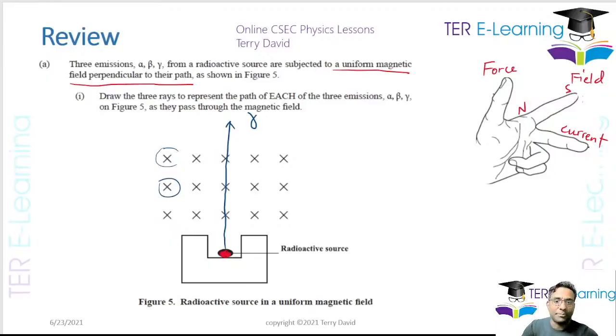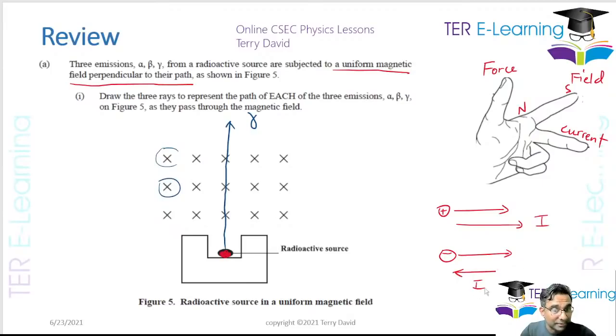So here's what's going to happen. And there's something you all need to know. Some of you may or may not know this. If I have a positively charged particle moving this way, it means that my current is also moving in that direction. If, however, you have a negatively charged particle moving this way, the actual current is in the opposite direction.